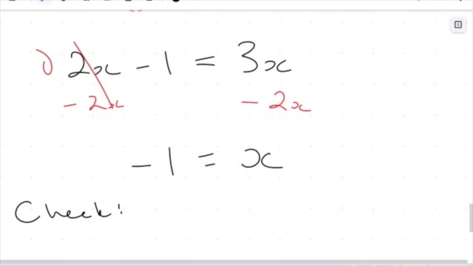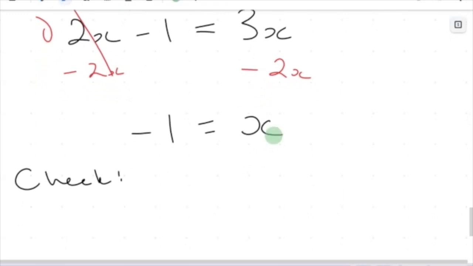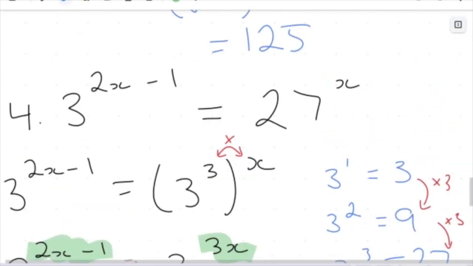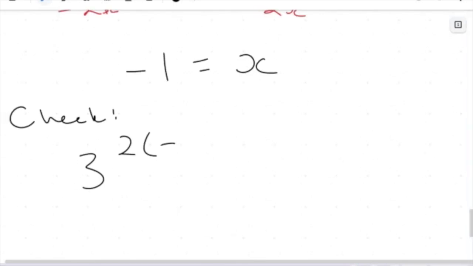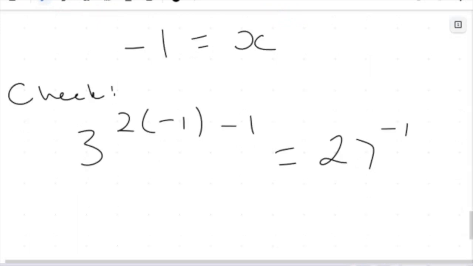Okay, so what we're going to do, we're going to put x equals negative 1 into both of my x values in the power. So let's just have a look at that, see how that's going to work. So I have 3 to the power of 2, and instead of x here, I'm going to put negative 1, minus 1 equals 27 to the power of minus 1.